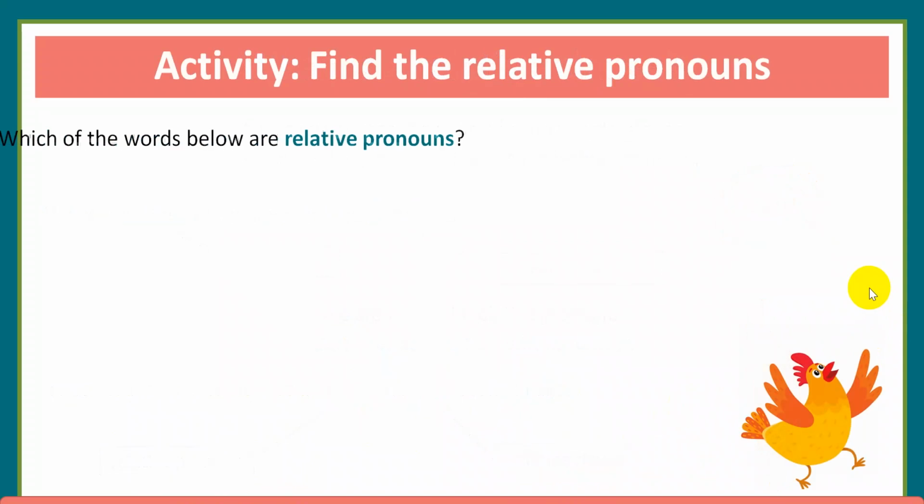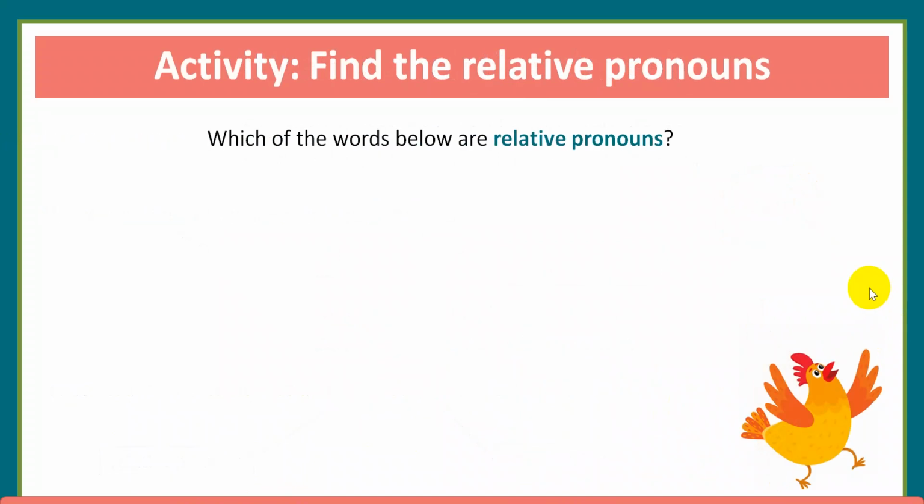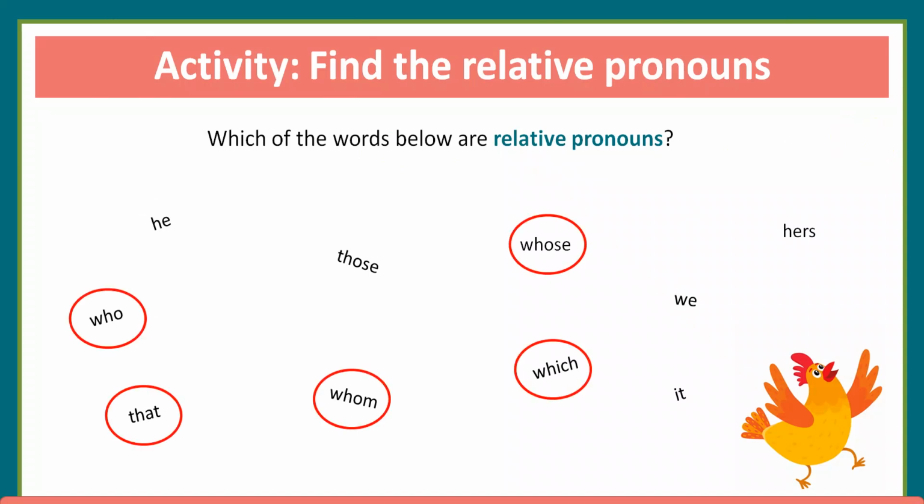Okay, let's take some more exercises. Which of the words below are relative pronouns? Here's a list. Let's decide which ones are relative pronouns. Yes, exactly: who, that, whom, which, and whose.